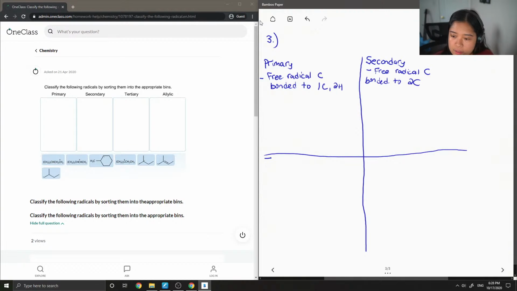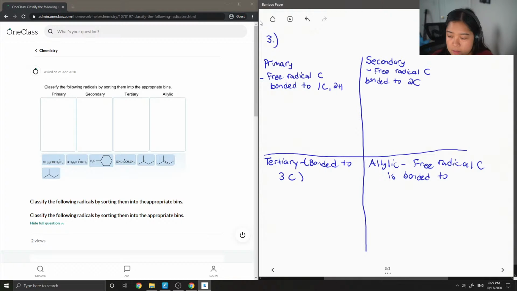And then the tertiary is bonded to 3 carbons. And then lastly for allylic, the free radical carbon is bonded to a double bonded carbon.